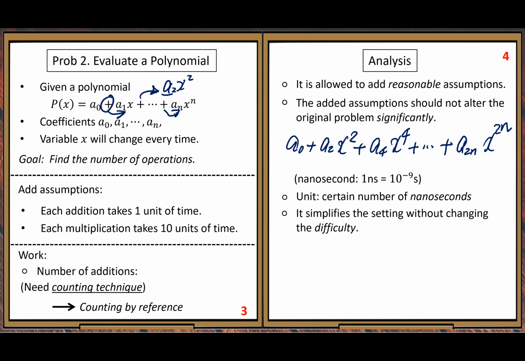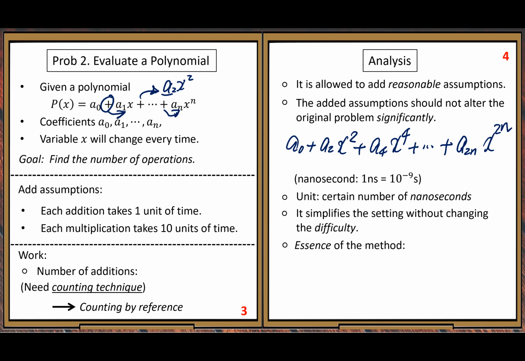So this method we call counting by reference. You only need to find an appropriate reference. Then you just count different objects, the subscripts. You do not count plus signs directly, but you count the number of subscripts. That's much easier. We will have many situations like this. So that's another method you can learn from this example.